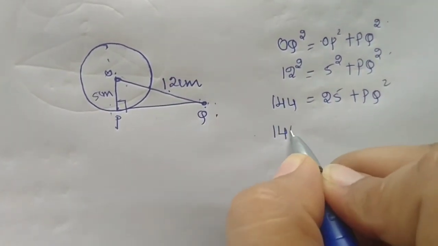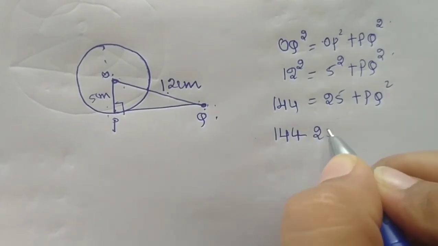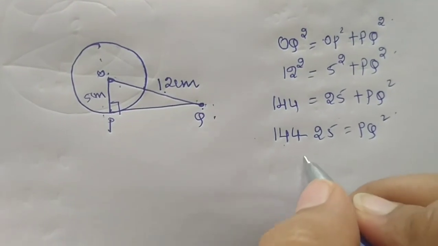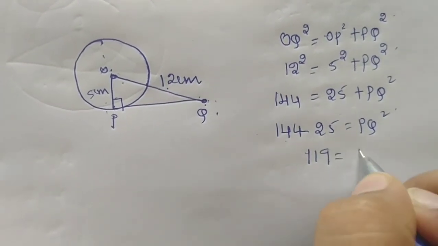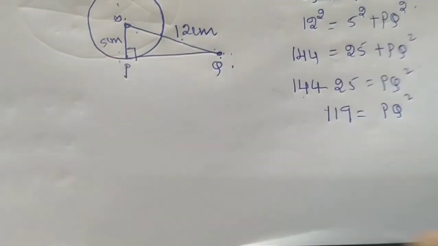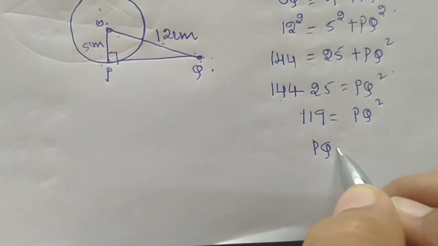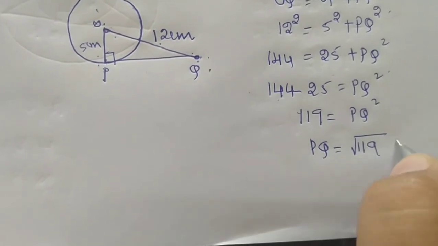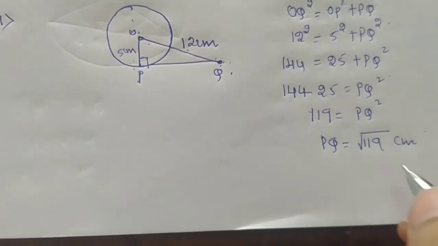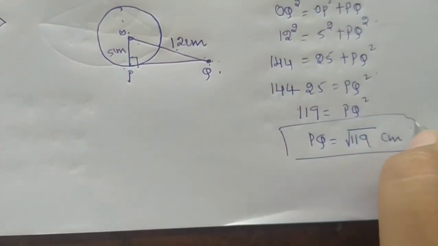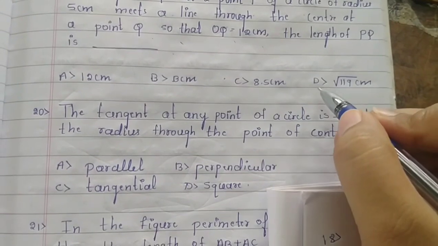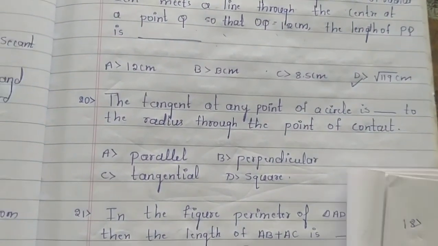So 144 minus 25 is equal to PQ square. If you subtract, you get 119 equal to PQ square. So the value of PQ is root of 119 centimeters. This is the final answer, so the correct option is option D.